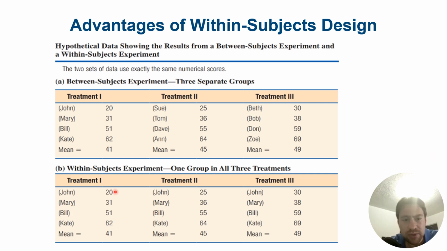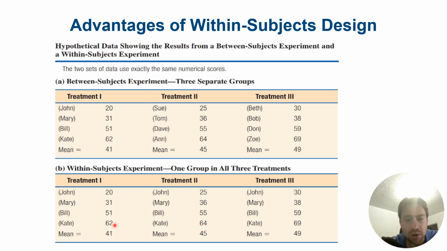So here, for example, if you look at the within subject example in B, you will notice that Mary's score is consistently higher than John's in all 3 conditions by approximately the same amount, by about 10 points. And Bill's score is consistently higher than Mary's in all 3 treatments by approximately the same amount.